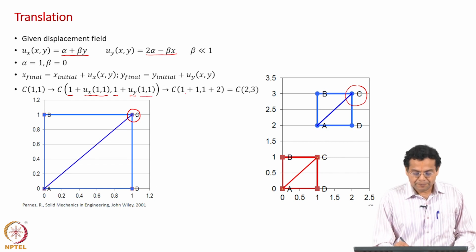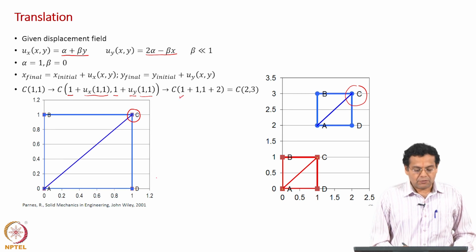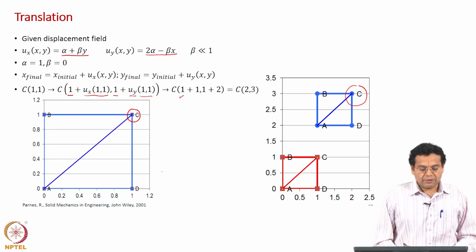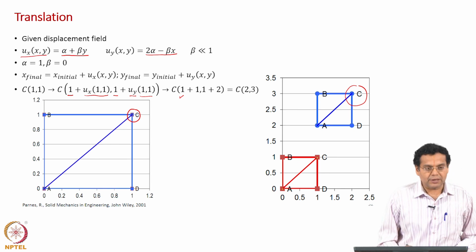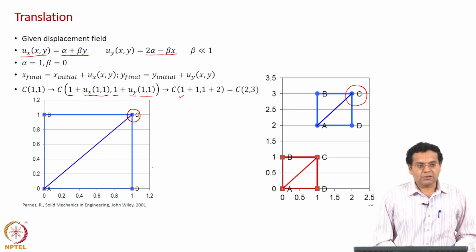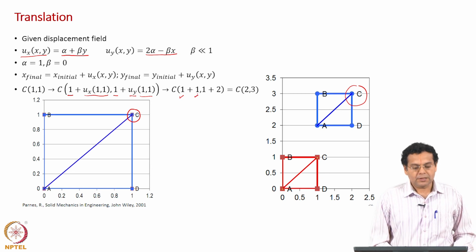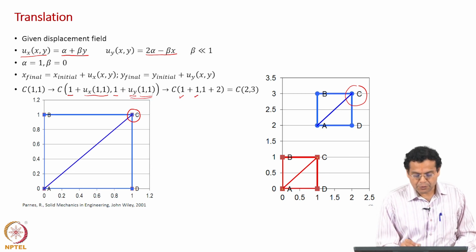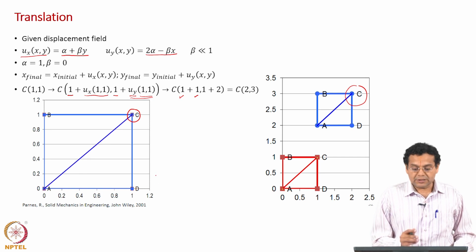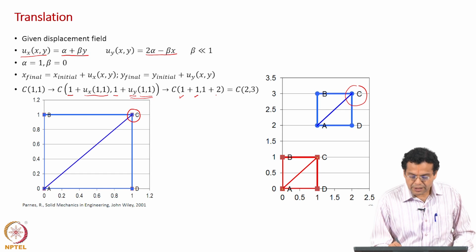You have to evaluate u x at 1 comma 1. Beta is anyway 0, so just a constant alpha, which is 1. That is why it is 1 here. Now let us evaluate u y at 1 comma 1. Once again beta is 0, so it is just 2 alpha, with alpha equal to 1. So you get 2 here.